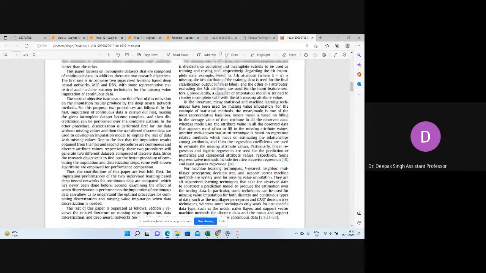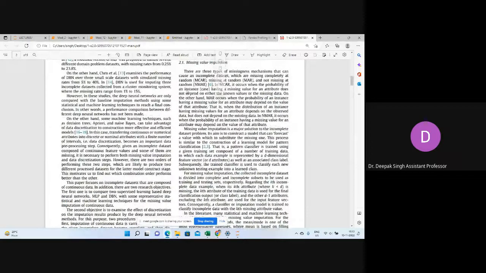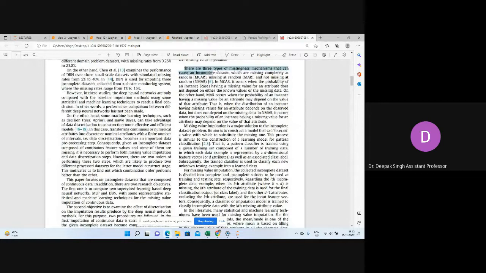Okay. In the experimental methodology, I would also like to mention what I was introducing as a topic. There are three types of missingness mechanism: missing completely at random, missing at random, and not missing at random. We have seen their examples as well, while going through multivariate imputation.